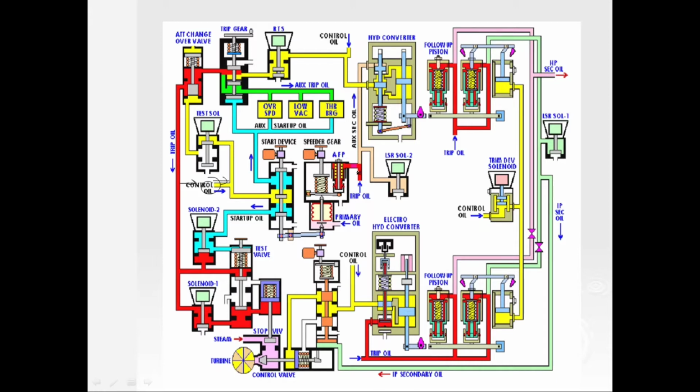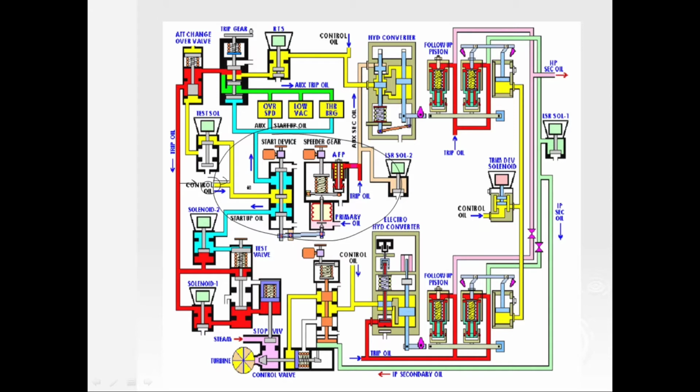Resetting the turbine means generating trip oil pressure. So what are the things needed to generate trip oil pressure? Today I am going to discuss that. Our point of discussion will be this area only: the starting device and speeder gear system.